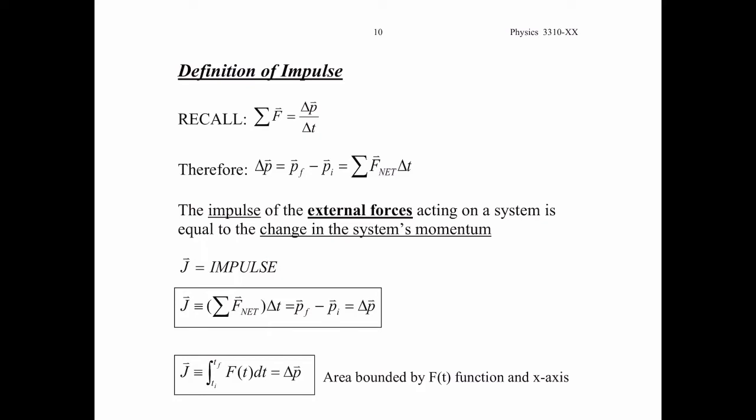So the faster the object's going, or the more mass it has, the more momentum it has, which means the larger the force or the longer the time in order to bring it to rest. So essentially what we have is this quantity of force times time, and that's going to equal change in momentum.